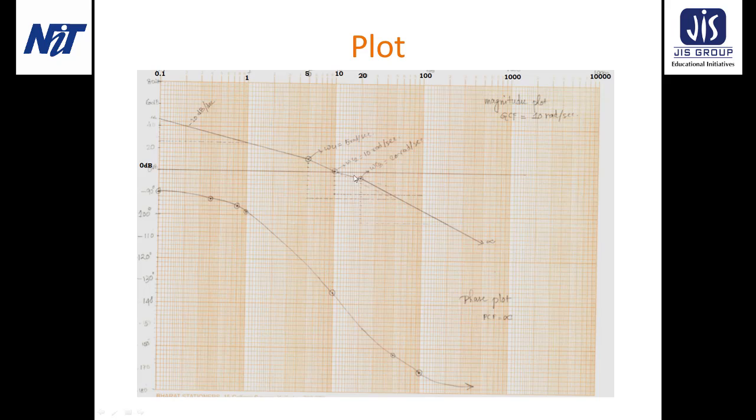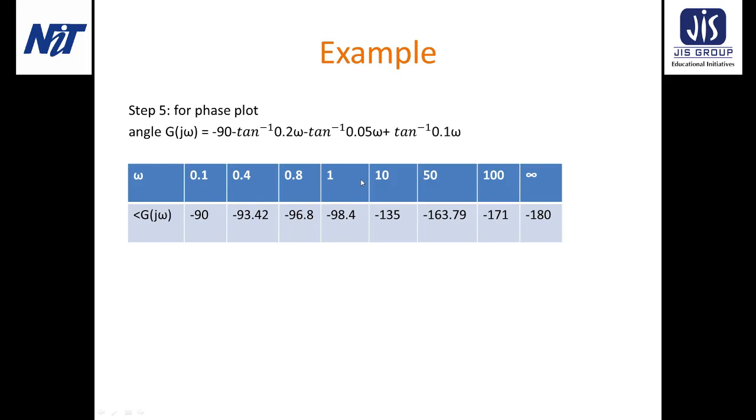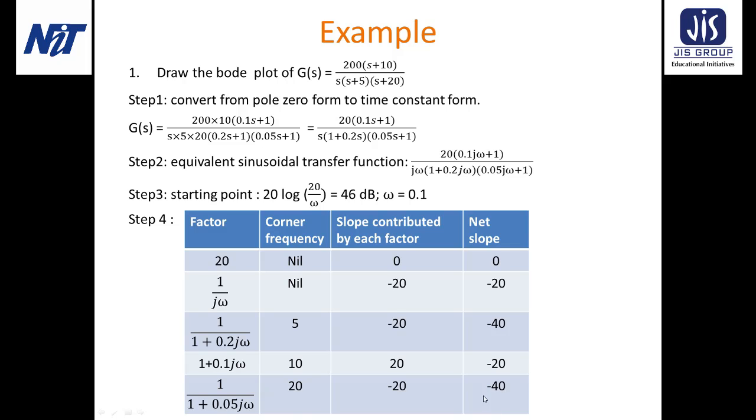So there are 3 corner frequencies, and at each corner frequency the slope has been changed. So this one is minus 20, then this is minus 40, and again minus 20, then minus 40 dB. For this minus 40 dB, there are no more corner frequencies, that means this minus 40 will continue up to infinity.